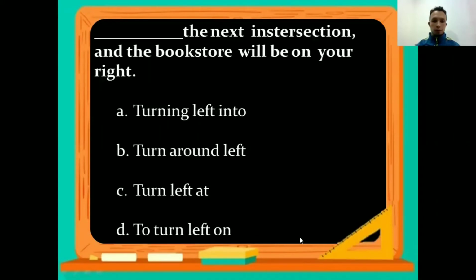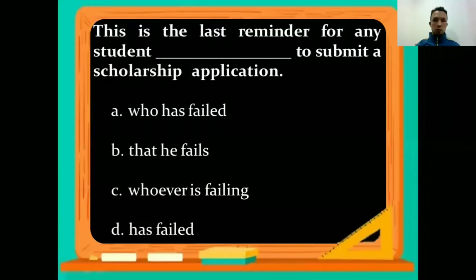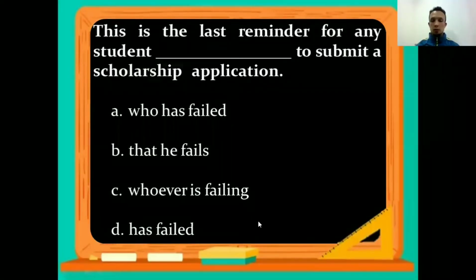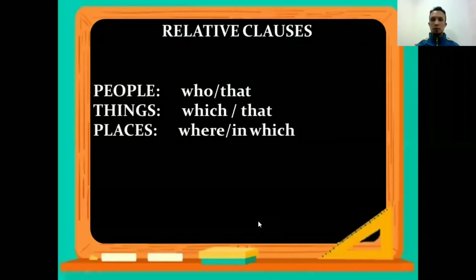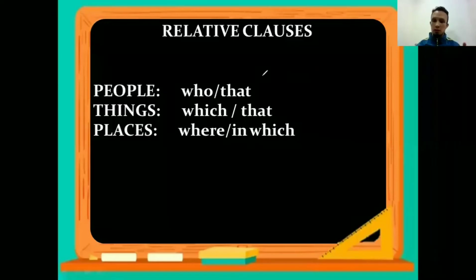Okay, now let's move to the last question. Third question. In this third question, we have that the right answer is A, who has failed. The topic we're studying here is called relative clauses. So I'm going to explain you something about it. Relative clauses are words that help us to connect two sentences.